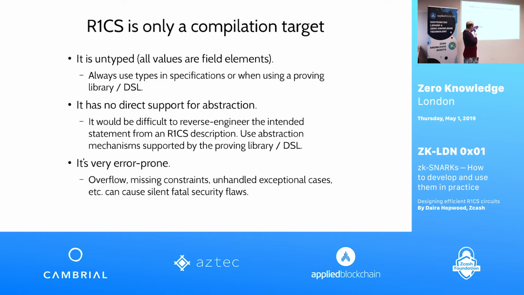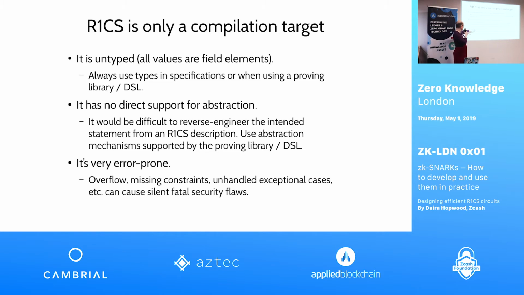So an R1CS description is basically just a bag of constraints. There are no abstraction mechanisms, there are no functions. You're going to have to rely on whatever higher level language you're using to avoid having to repeat the same statement over and over again. But you can get a good idea of what the cost of a circuit will be by doing the compilation in your head.